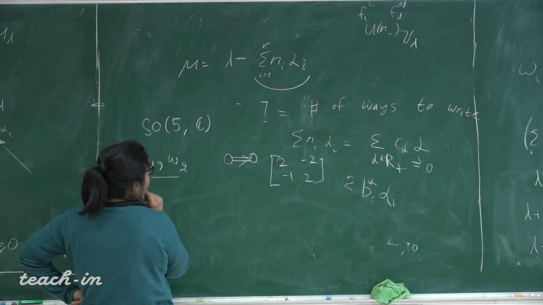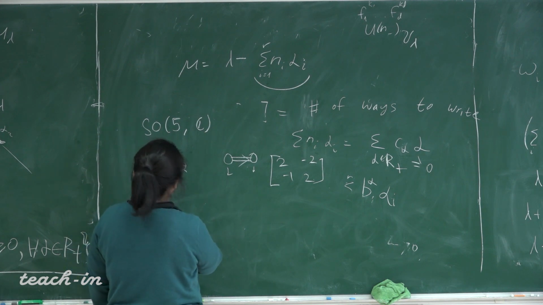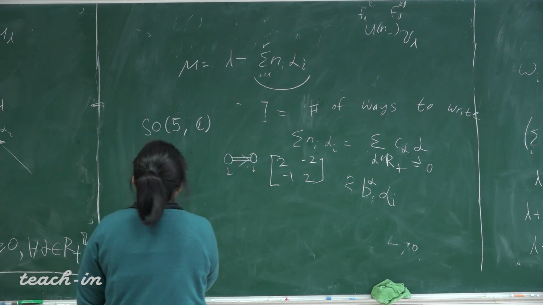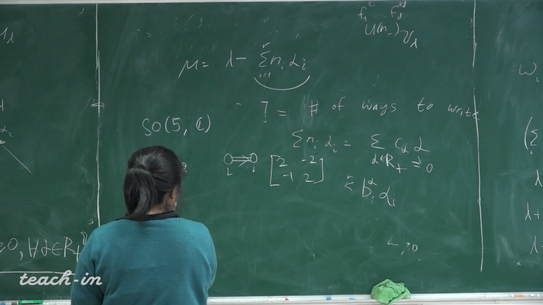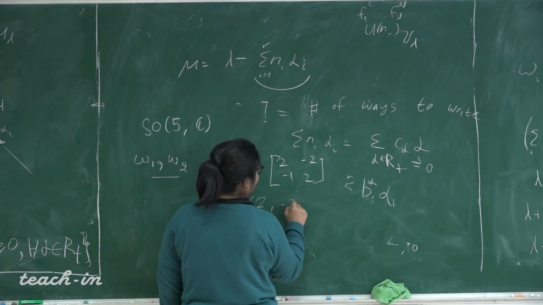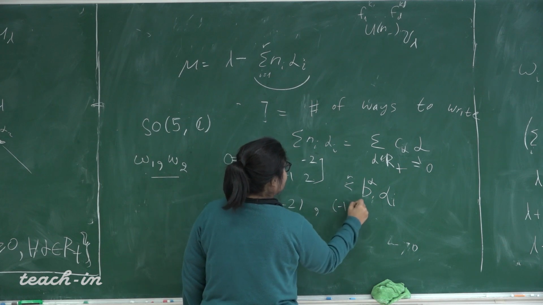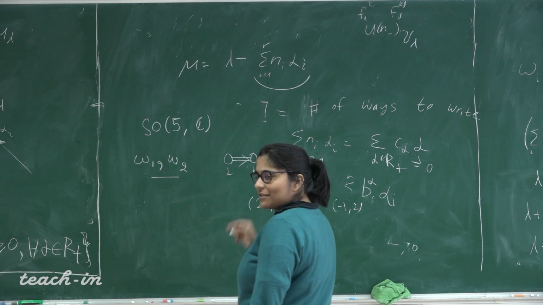It has two simple roots, and I think one of the ways we can write the two simple roots is like this, using the Cartan matrices.